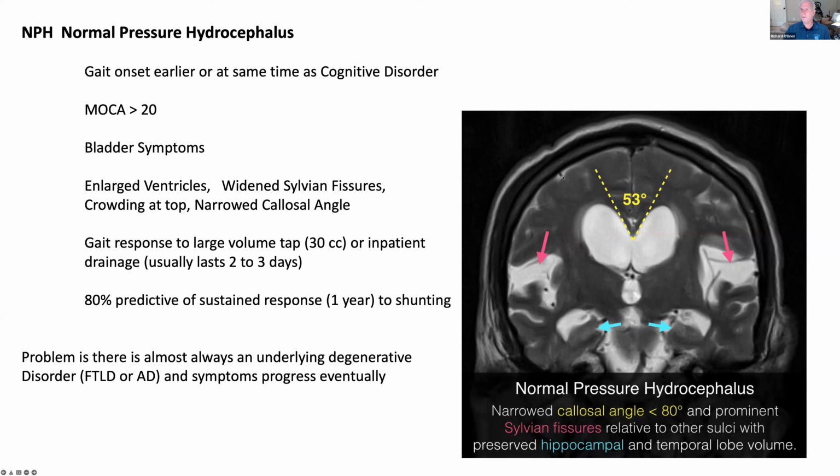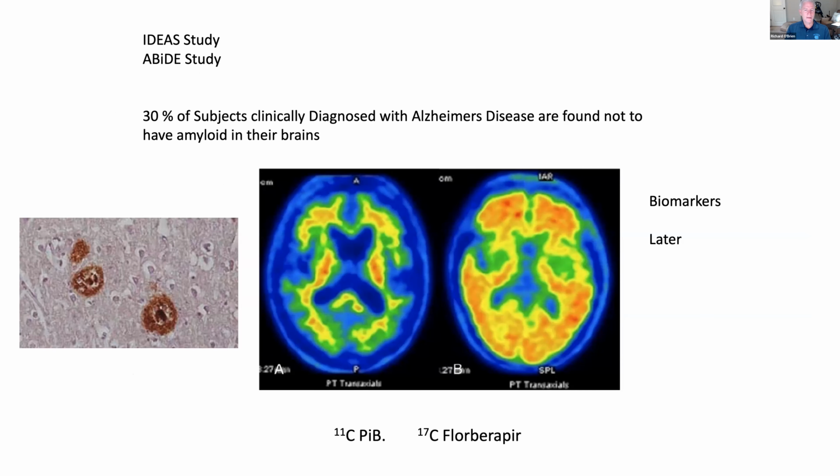But almost all these patients also have underlying degenerative diseases, so you never tell the family that you're going to make their cognition better. You're just trying to make their gait better. It's a really tricky diagnosis that should be handled by doctors who do this an awful lot.